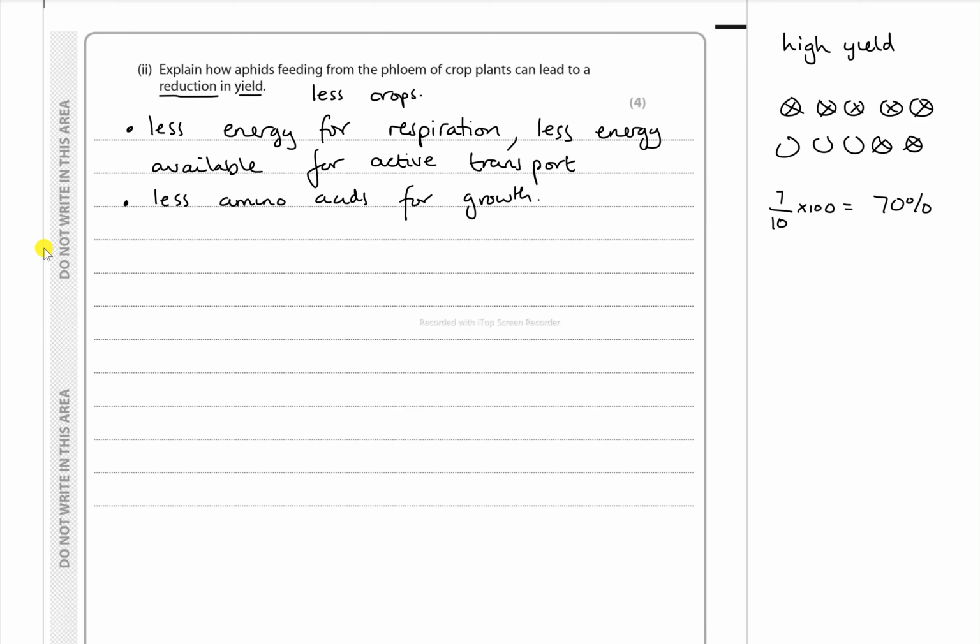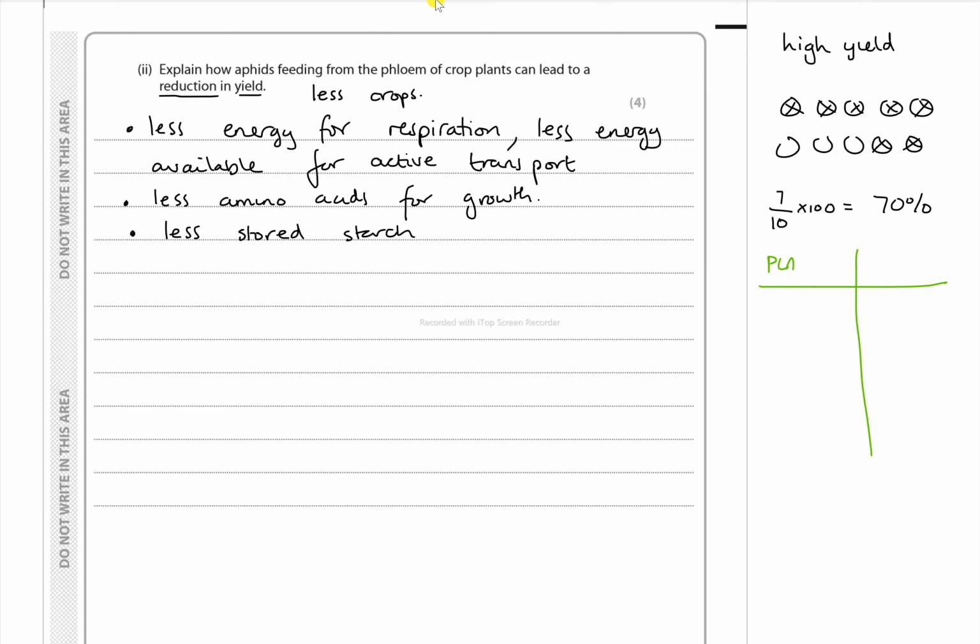You're going to have less seeds and less, what do you call it, if you've got less sugar you can have less stored starch. So remember what we said, just remember this.